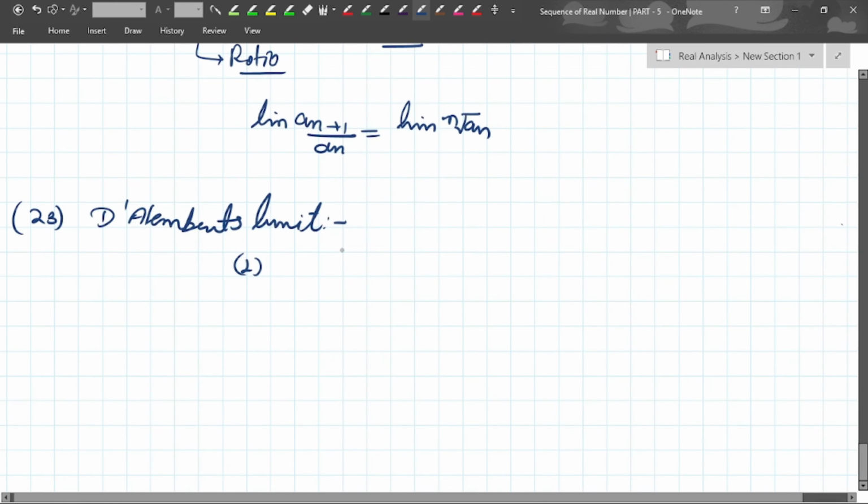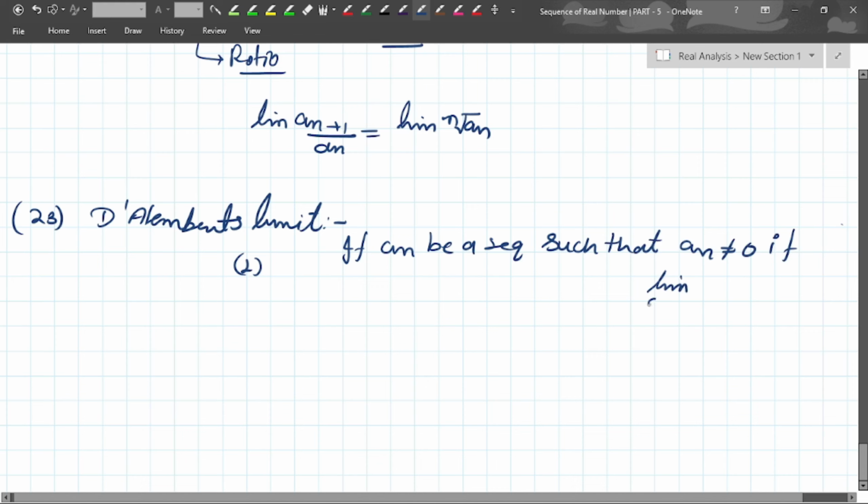If your an is a sequence such that the an are non-zero, and the limit as n tends to infinity of an plus 1 upon an is something L. Now, if your L is less than 1, then the limit of an will go to 0.